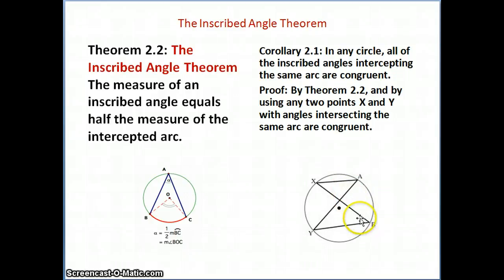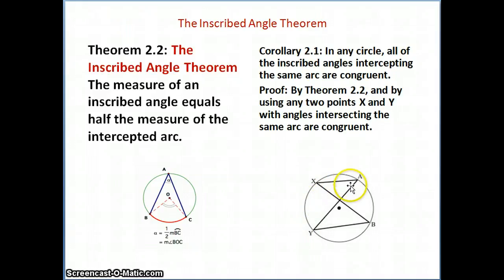What's the relation between these two inscribed angles? It's very easy to see these two angles should be congruent. Why? By theorem 2.2, the inscribed angle theorem, the inscribed angle is always half of the measure of the intercepted arc XY.